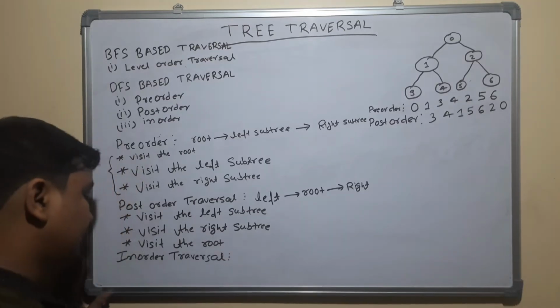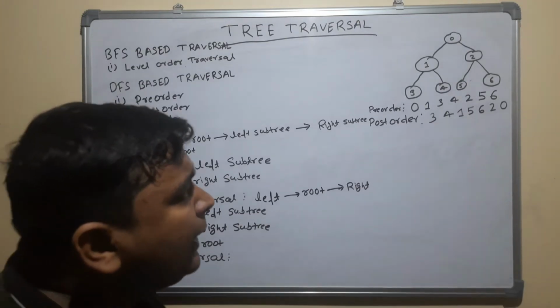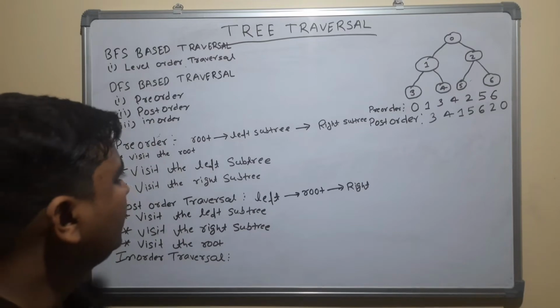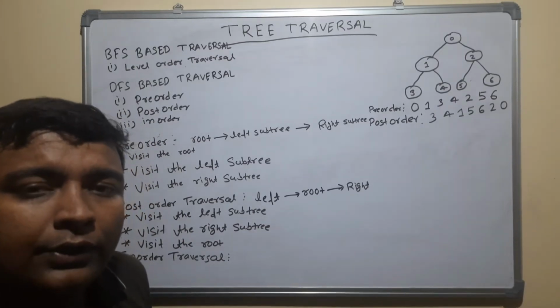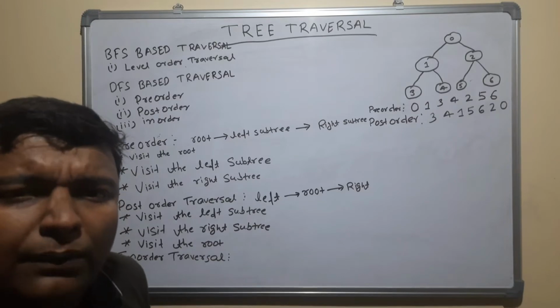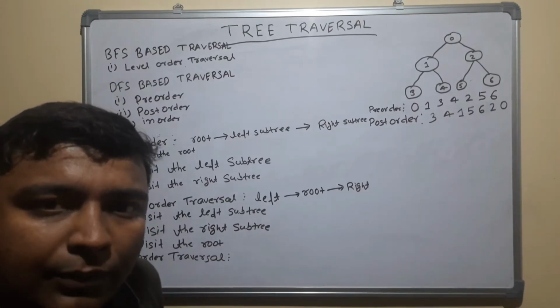In order traversal, what would happen? In order traversal, the root would be processed between the subtree processes.